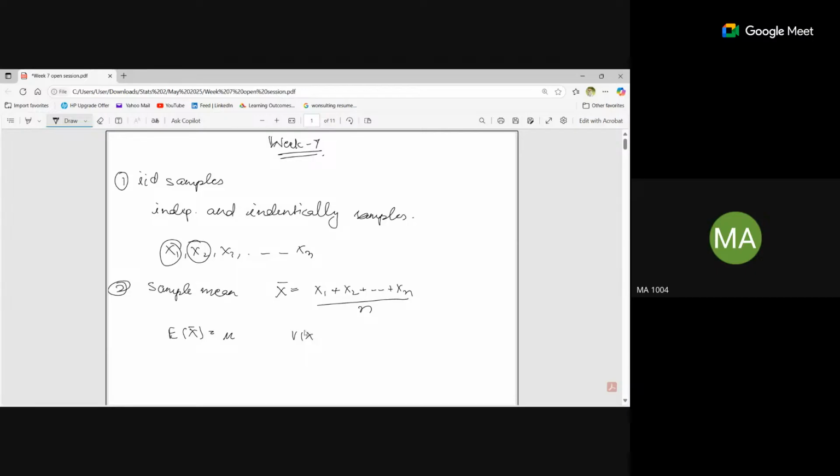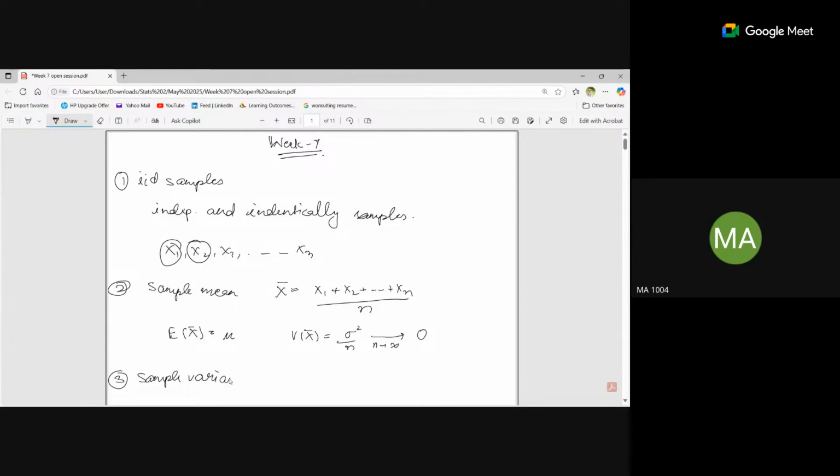Then we have the variance of sample mean. It is sigma square by n. So if my n increases, what will the variance of sample mean be? It will tend to 0. Correct. If n tends to infinity, the variance of sample mean will tend to 0.